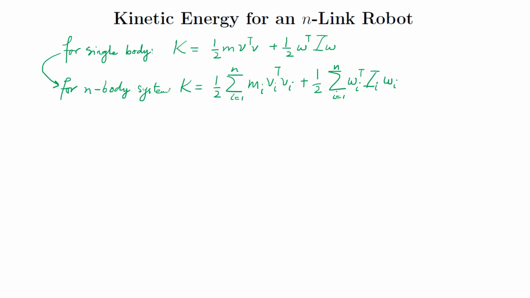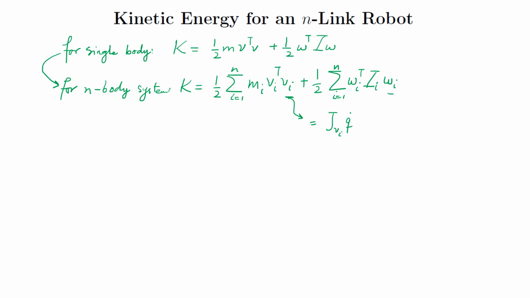Now at this particular stage, I should ask you to consider this linear velocity vector. When we were deriving these Jacobians, we said that this is going to be equal to the linear velocity part of the Jacobian, and to be consistent with the expression, I'm going to place a subscript i over here, times the joint velocities.